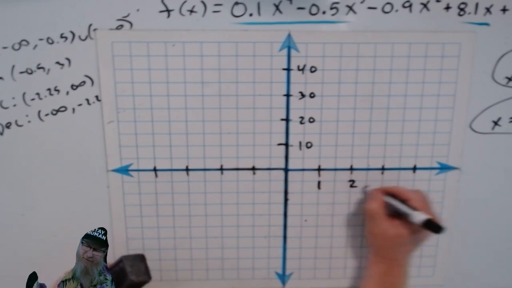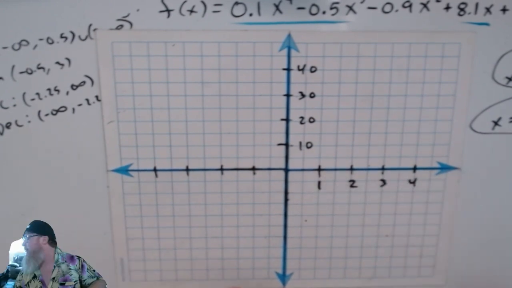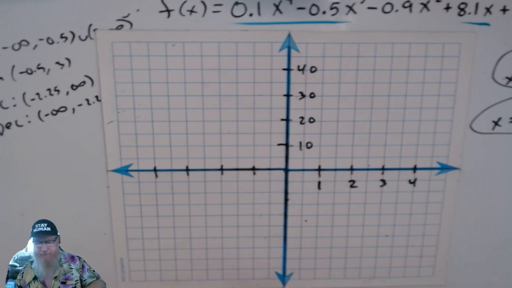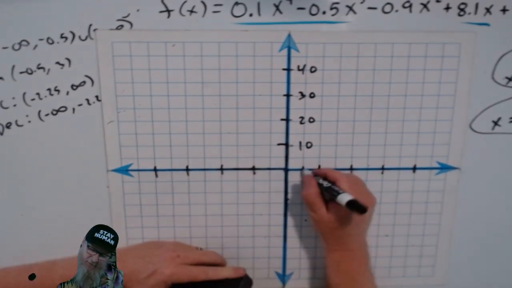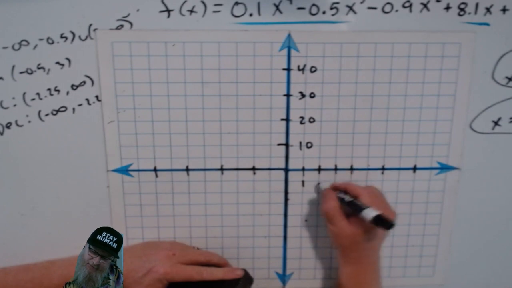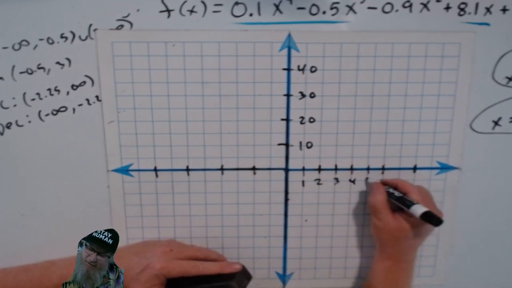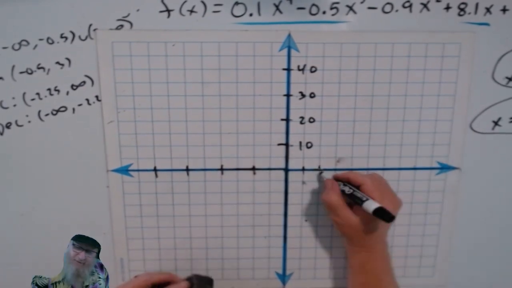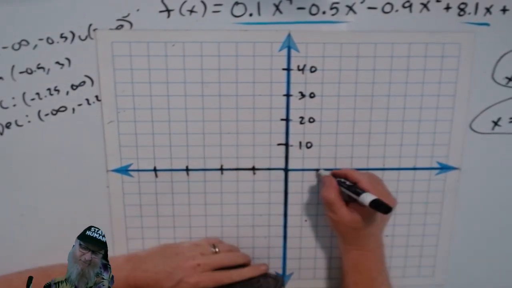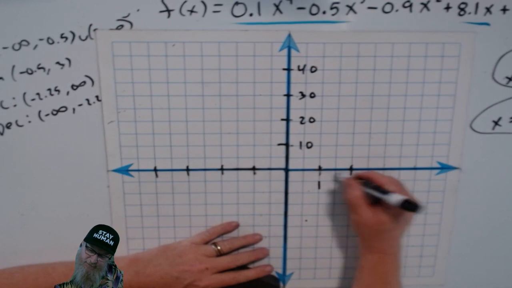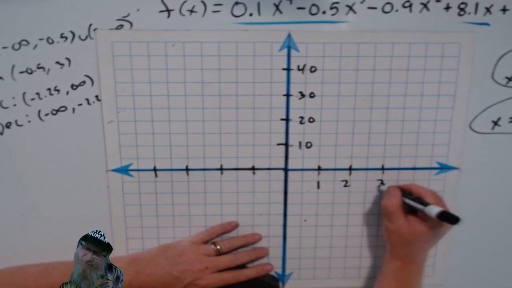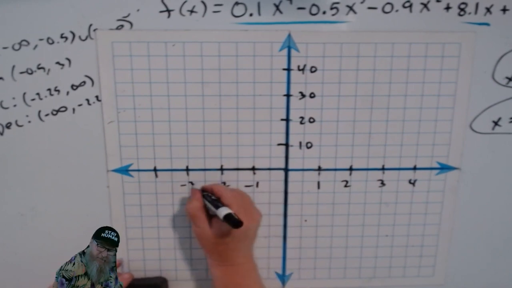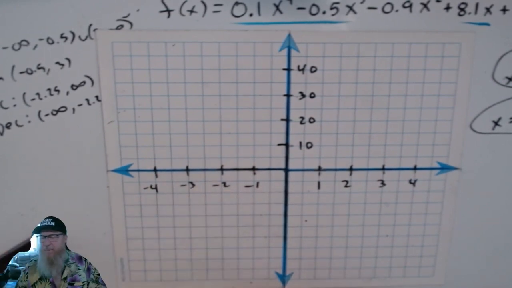And then for the x's, we'll do 1, 2, 3, 4. Actually, we're going to go 1, 2, 3, 4, 5, 6. Oh, no, I changed my mind. They're not that bad. 1, 2, 3, 4. I might regret this, but you've stuck with me this long.